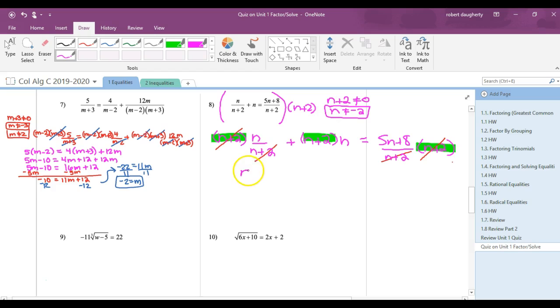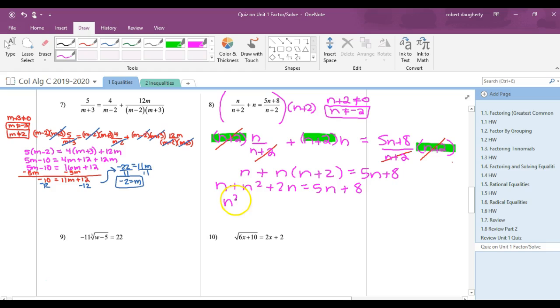And what am I left with? I'm left with n plus n plus 2 equal 5n plus 8. Now I've got n plus n squared plus 2n equal 5n plus 8.